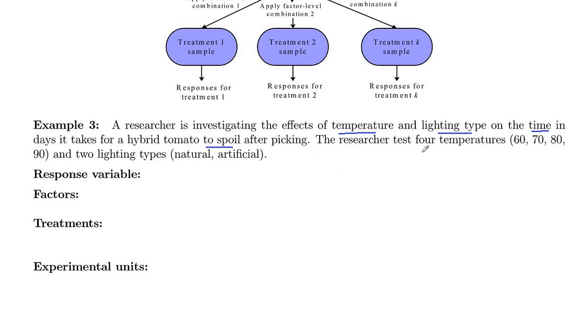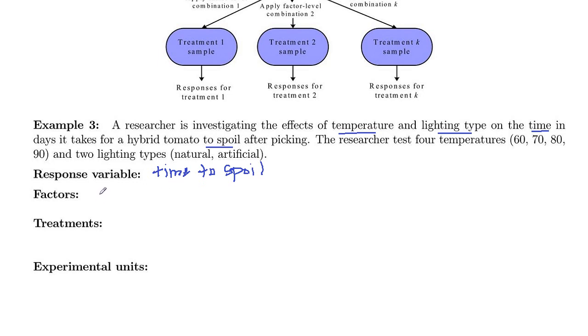The researcher tests 4 temperatures, 60, 70, 80, 90, and 2 lighting types, natural and artificial. So our response variable, the one that responds here, is the time for the tomatoes to spoil. So the researcher applies the treatments and then records the time to spoil.